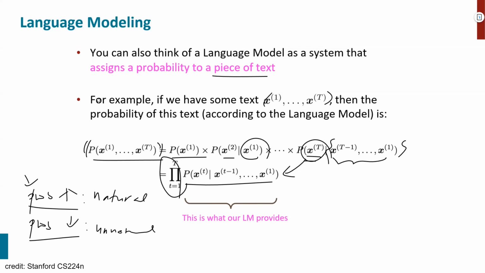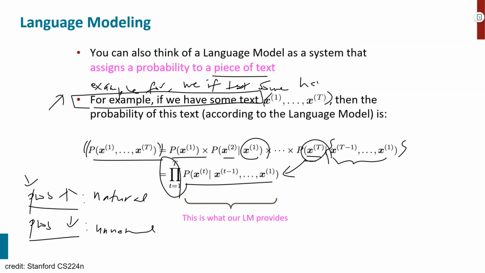So for example, if you have some text, the probability of this sentence might be quite moderate. However, if you scramble it, like "example 4, if text some have", the probability might be very low because it's not natural and not grammatically correct. So the probability of a piece of text means its naturalness.